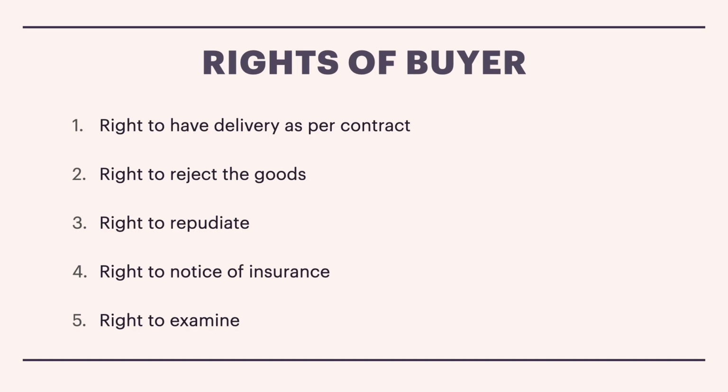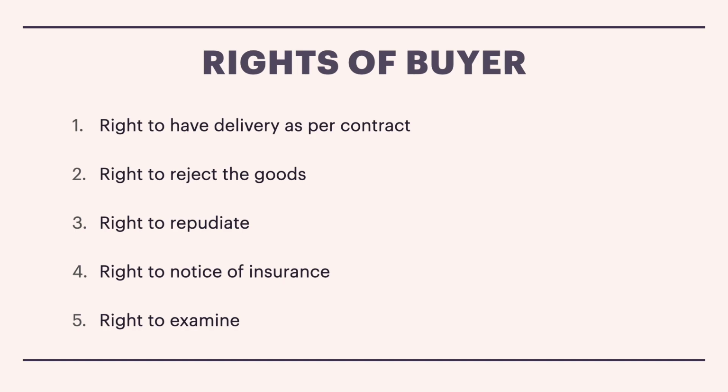Second, right to reject the goods. In case the seller sends the buyer a larger or smaller quantity of goods than he ordered, the buyer may reject the whole, accept the whole, or accept the quantity ordered and reject the rest.